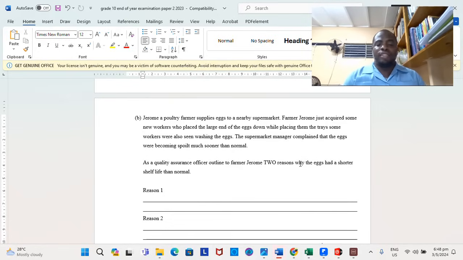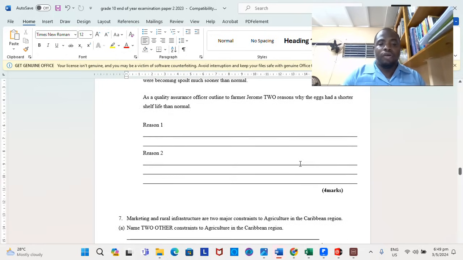You might see litter on the egg. So wiping the egg would have been ideal, but once you wash the eggs, water can get inside because there are pores in the shell, and so water will seep in, and that would have been one of the contributing factors to the shelf life getting shorter for the eggs that he's supplying. So that is it.